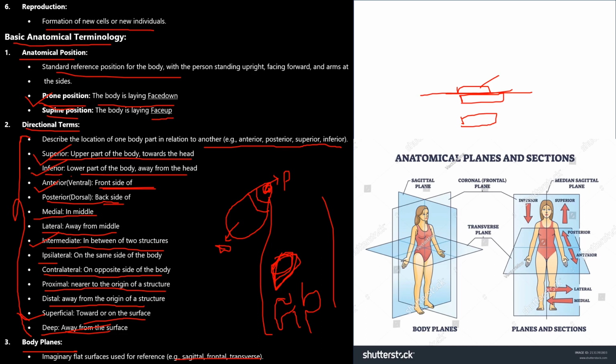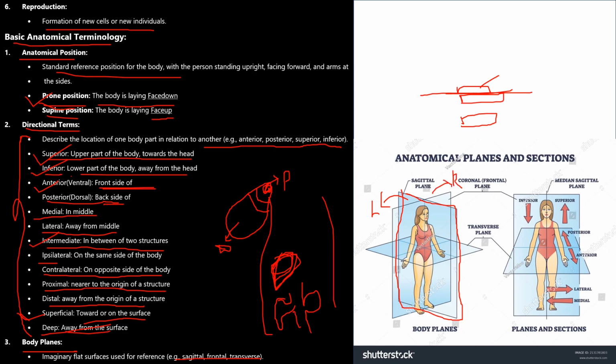Now see, the sagittal plane. This is the sagittal plane. This is dividing our body into two halves. If I consider this left, this is right.